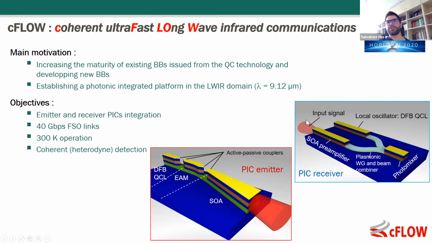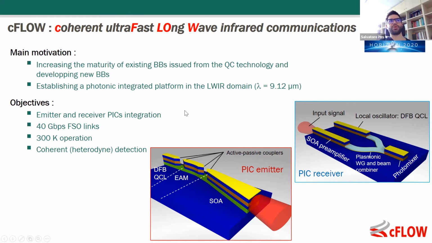The received signal, amplified by the SOA, is mixed with the signal of the QCL in a photomixer, a QCD, by using a plasmonic waveguide or the electric MMI and beam combiners.